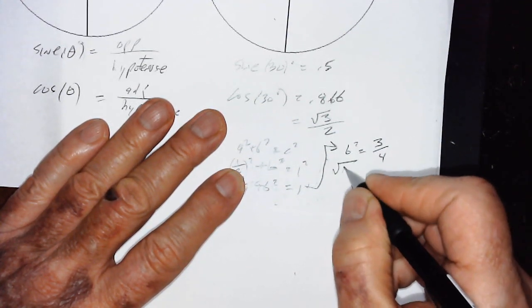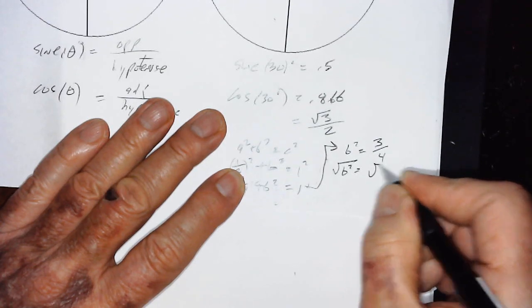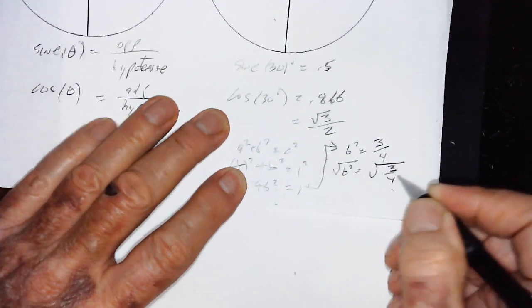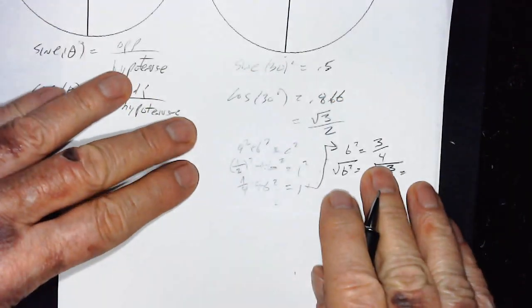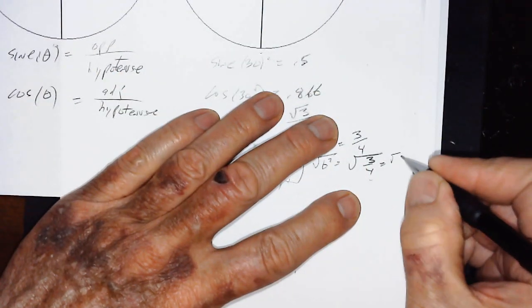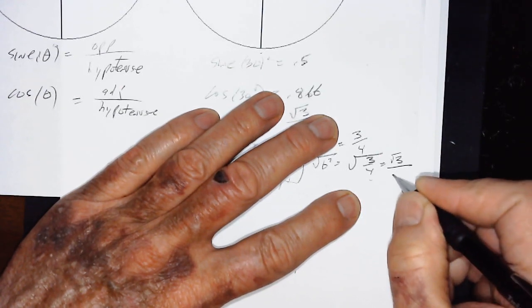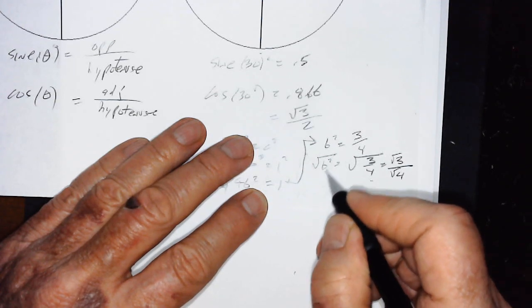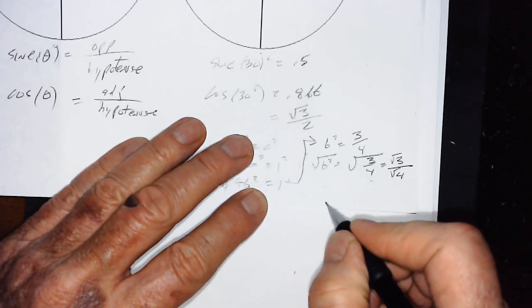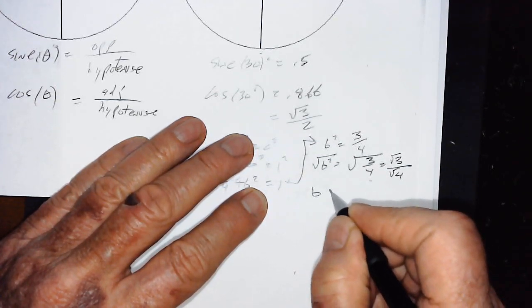Now we'll take the square root of both sides. The square root of b squared equals the square root of 3/4, which is the same thing as the square root of 3 over the square root of 4. By the way, the square root of b squared is b.